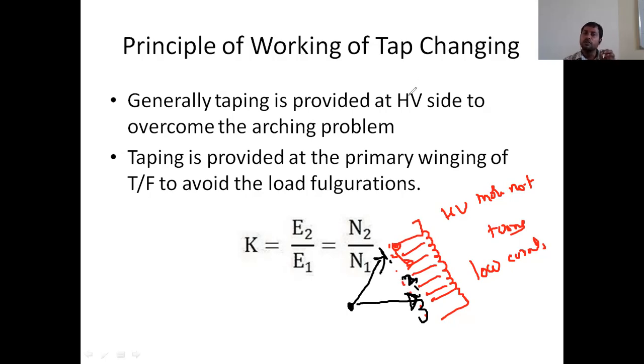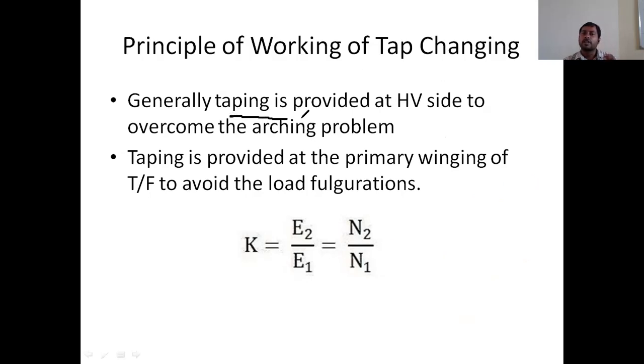That is possible only if you provide the tappings at the HV side, because at the HV side low currents are available. So if you change the tapping position from 1 to 2 or 2 to 3, whatever it may be, during the process, arc production will be very little. That's why tapping should be provided at the HV side to overcome the arcing problems.